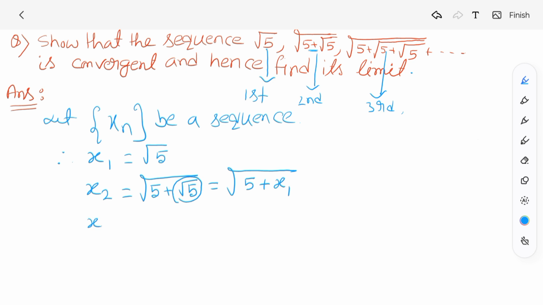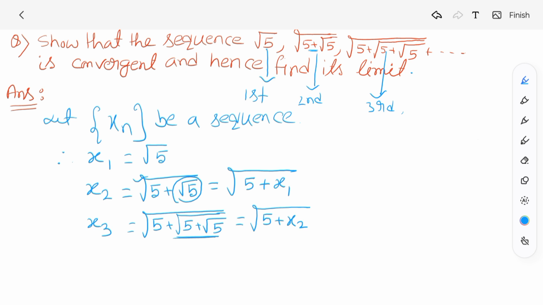Similarly, x3 equals root of 5 plus root of 5 plus root of 5, so this is x2, that means you can write root of 5 plus x2.